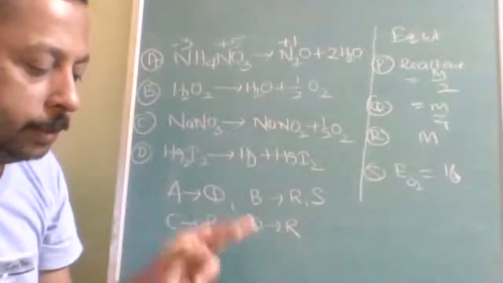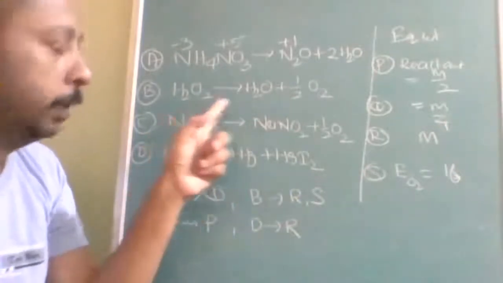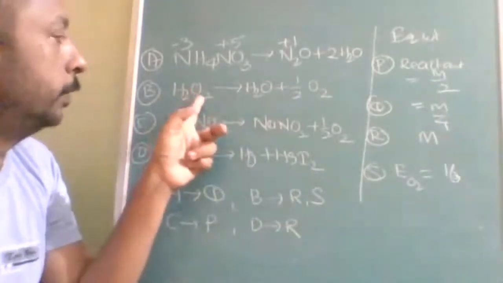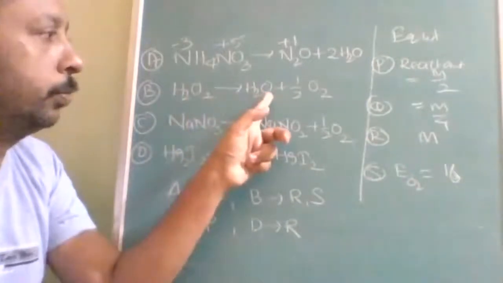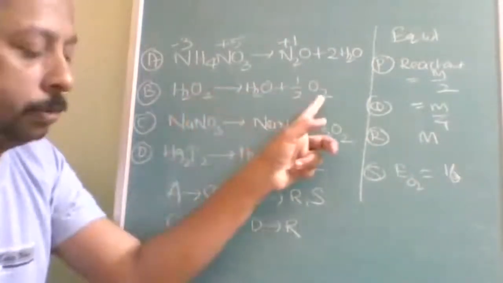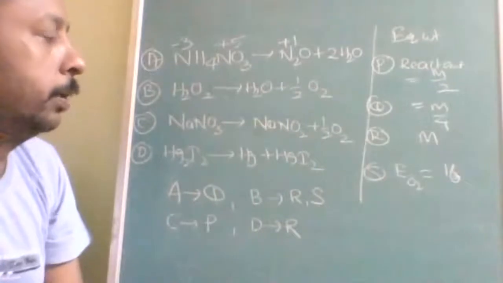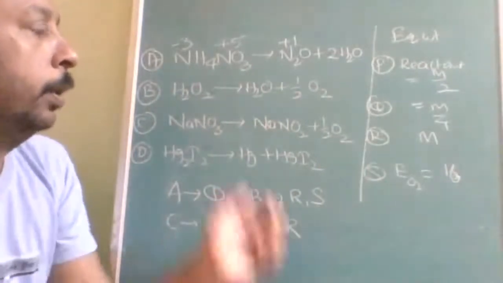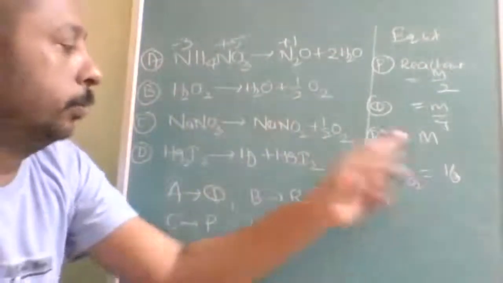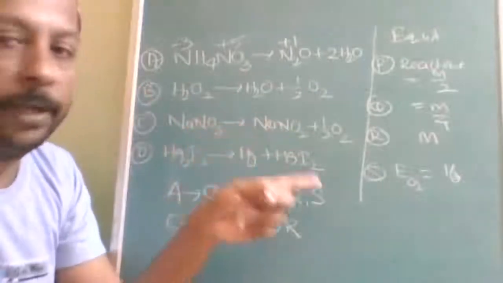And B is a simple question of what? Disproportionation. -1 to 0 is a 1 change as reduction, and -1 to 0 as oxidation. Therefore it will be equal to 1 by 2 plus 1 by 2.